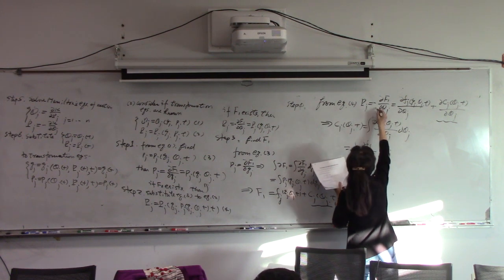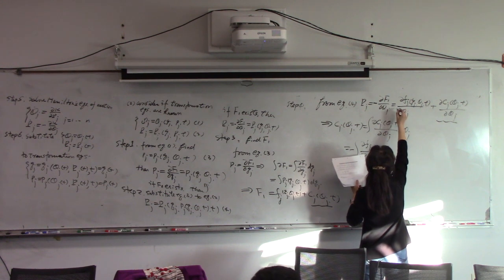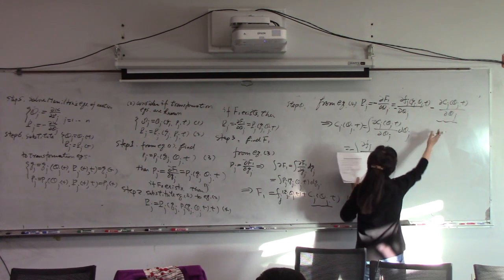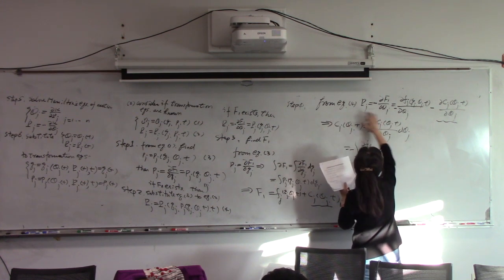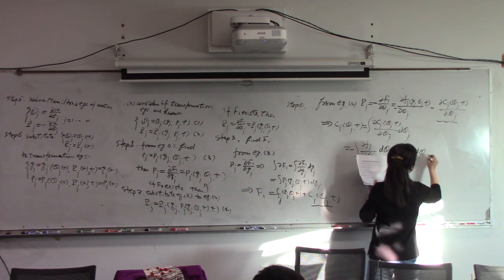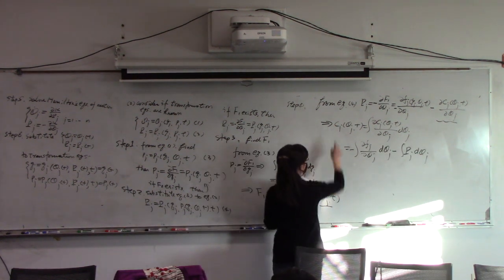Okay, here there's a minus sign. Then this moves to this side, so it is minus capital Pj dQj. Right, that is how we can find this.